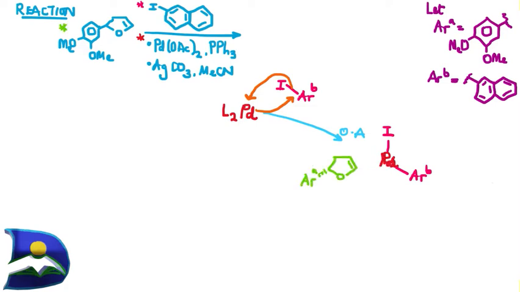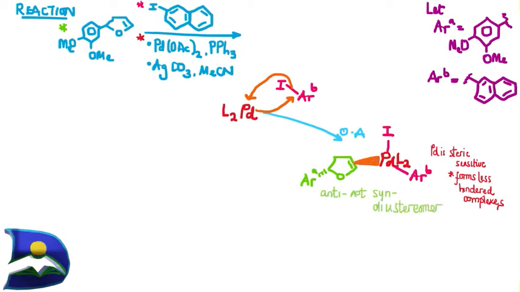And take note here that in this case we are going to form a complex, and due to palladium, which itself is sterically sensitive to the huge groups, not only in aromatic A, which is green, but also aromatic B, which is represented as the purple, we can conclude that this will form a less hindered complex, and this less hindered complex will create an anti, not a syn, diastereomer choice for that particular green compound.